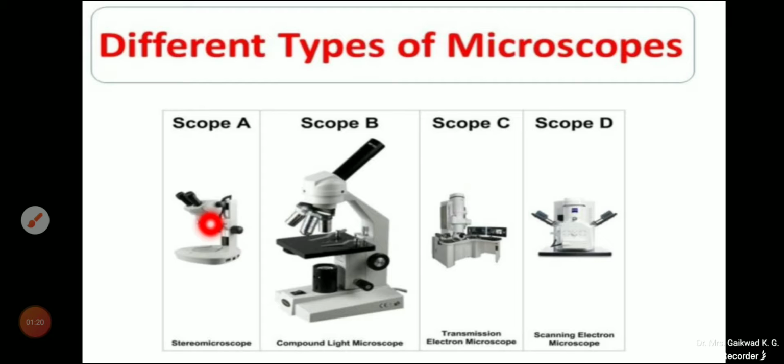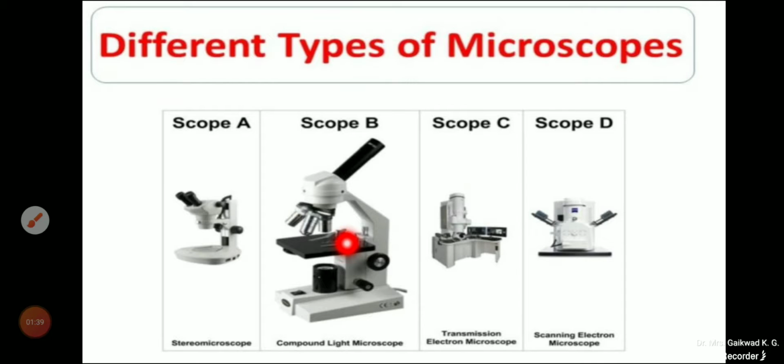A simple microscope can magnify the image up to 50 to 100 times, but the compound microscope can magnify hundreds, even thousands of times or more.